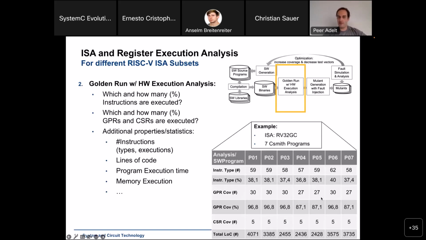Also, from the 32 GPRs that are available, none of these 7 programs uses each and every one of them, but some use 30, some use 27, and so on. We can do similar investigations for CSRs. This is the second to last line, and also we can investigate the lines of code. This is just to give you an example about the golden run execution analysis.